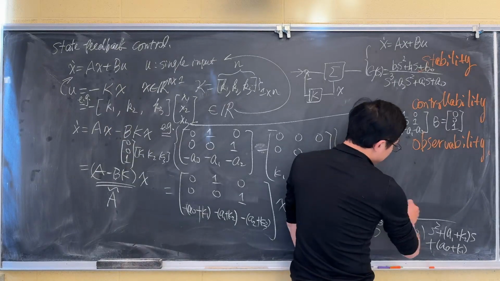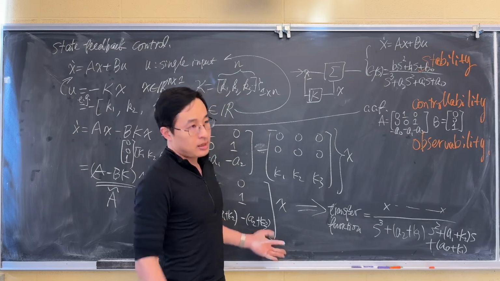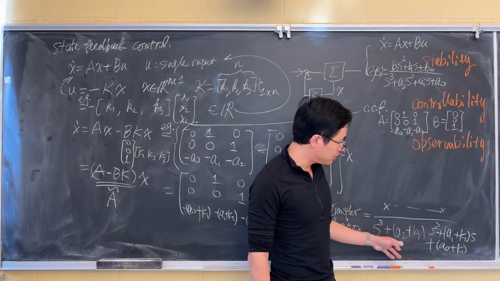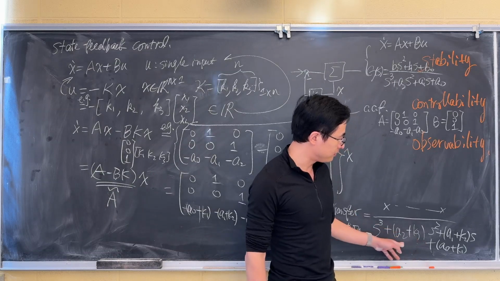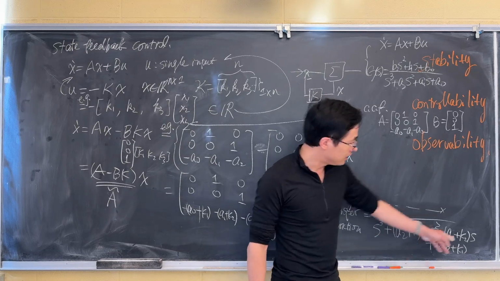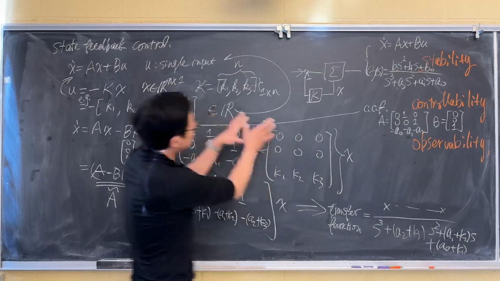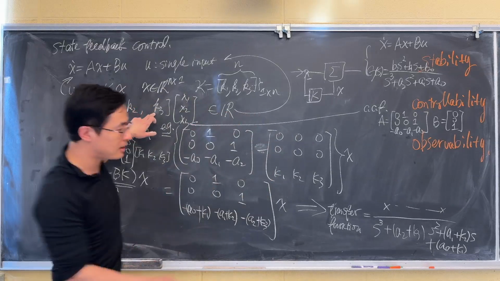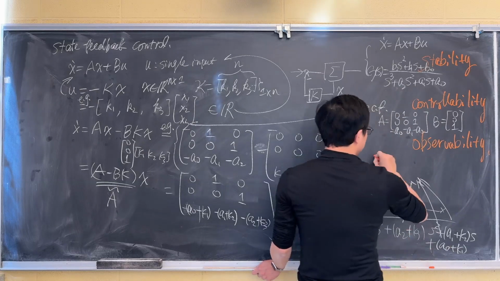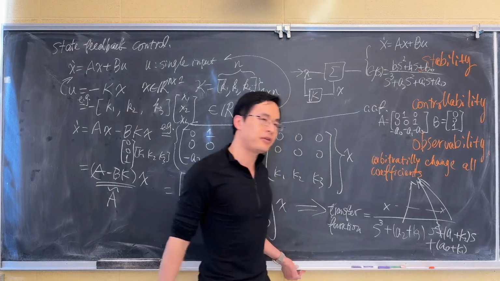That is the denominator of the transfer function. If you're just thinking about stability, you don't have to worry about the numerator. So now you see I can directly change all the coefficients in here. If you want me to change this coefficient, I change K3. If you want me to change this coefficient, I change K2. So the structure of the controllable canonical form allows us to arbitrarily change all the coefficients in the denominator.